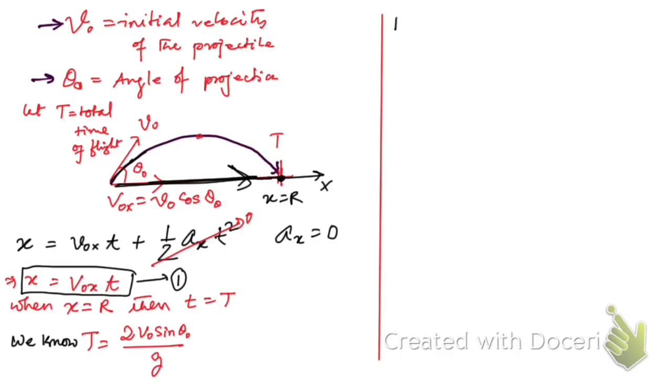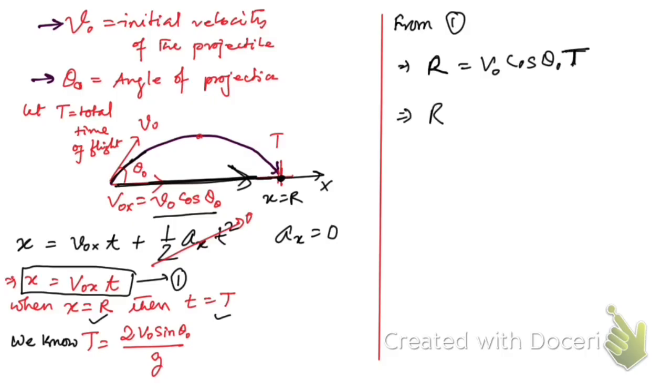So therefore from 1, if we use these values, this is going to imply r is equal to v naught x, which we replace by v naught cos theta naught, into small t replaced by capital T, which means the total time of flight.